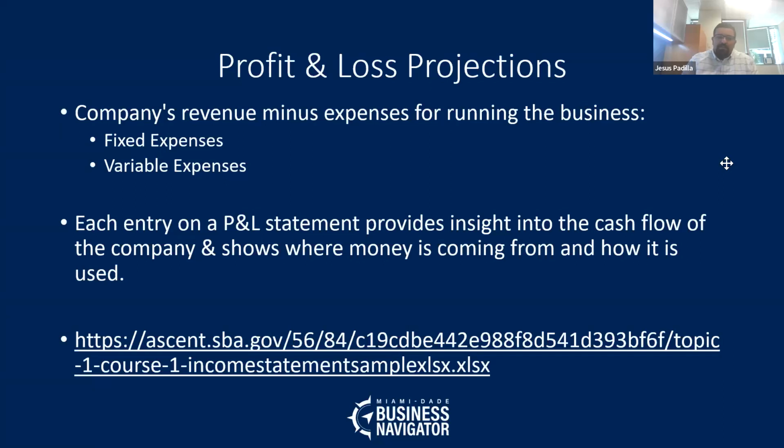The variables are, for example, the amount of products to sell, if you had a high season or low season, any commissions; it always varies from one month to the next. So having a good understanding of your P&Ls, it shows the inside of the cash flow of the company. It shows where the money is coming from and how it's being used.